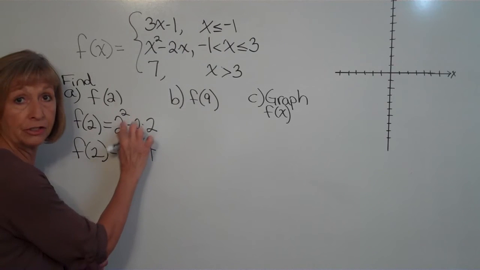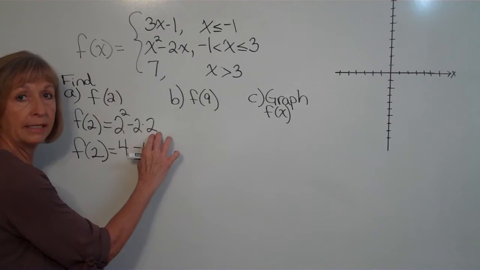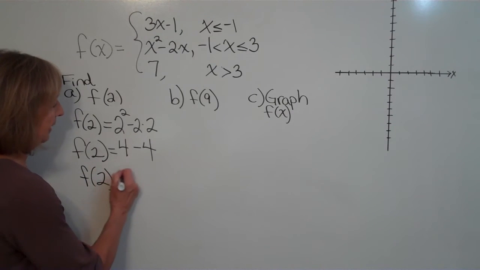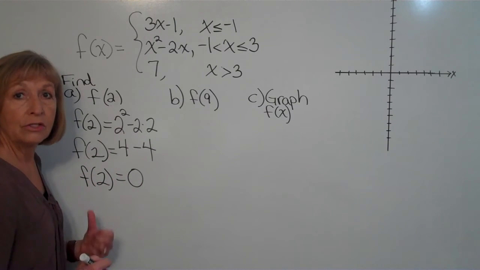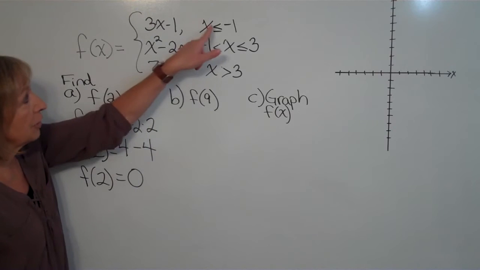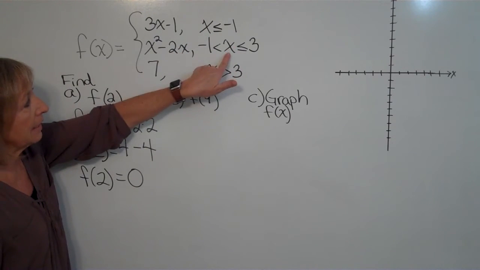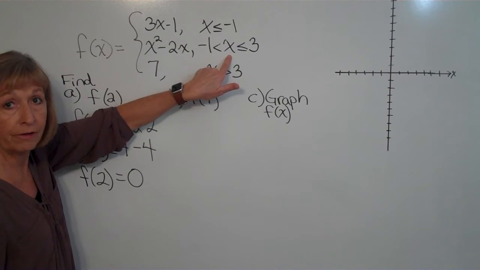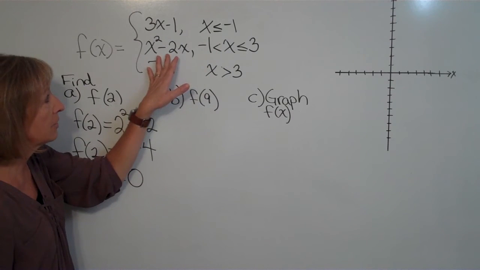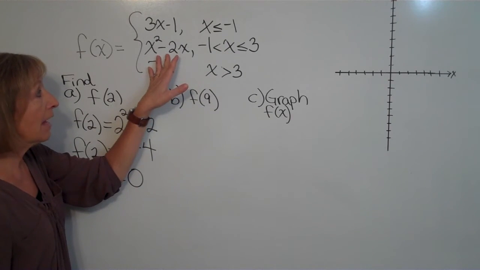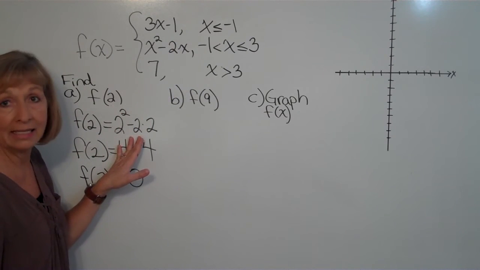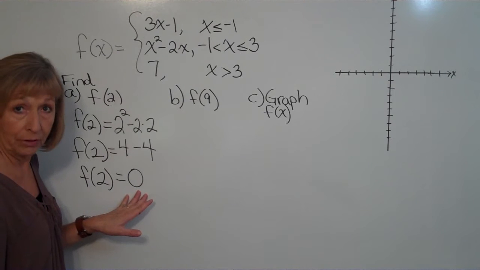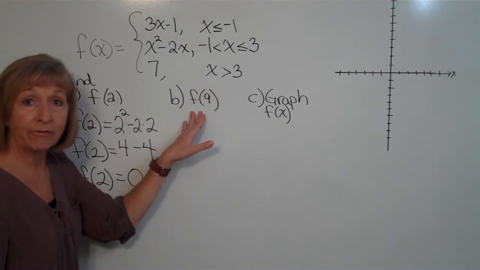Following order of operations, 2 squared is 4, minus 2 times 2 is 4, and 4 minus 4 gives me 0. So when I put 2 in through this function, that input is in the span where the definition of the function there is x squared minus 2x. So then to find f of 2, we take out the x's in that piece of the rule and then get our output. How about f of 9?